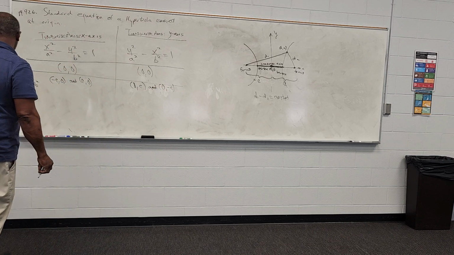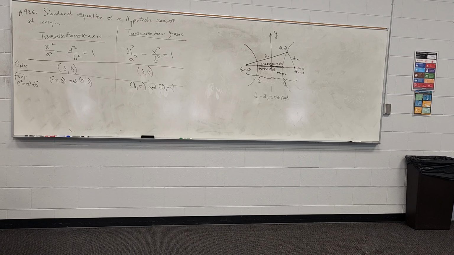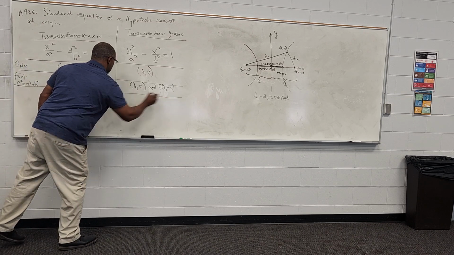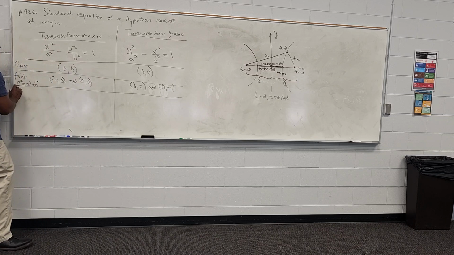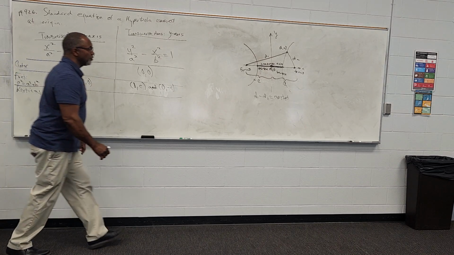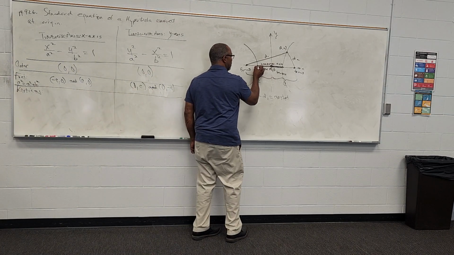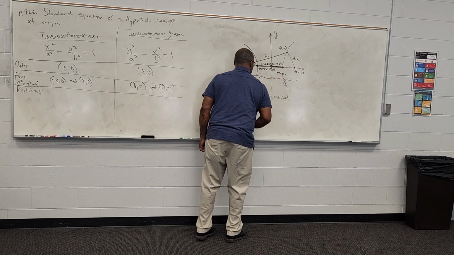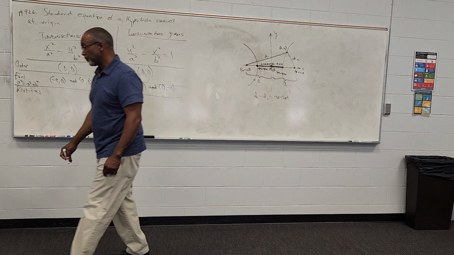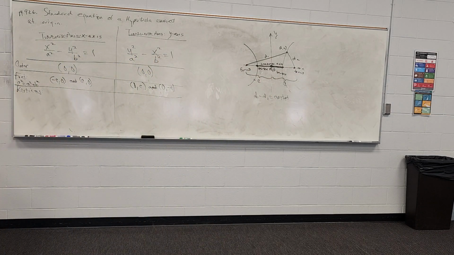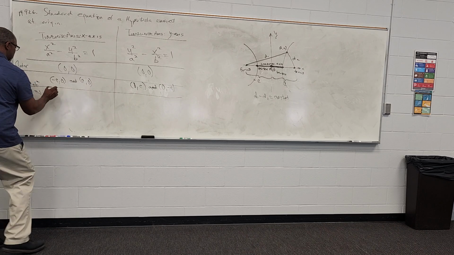Again, this chart is on page 926. On the vertices, I said they were right here and right here on the hyperbola, and so the vertices would be at a comma 0 and negative a comma 0.